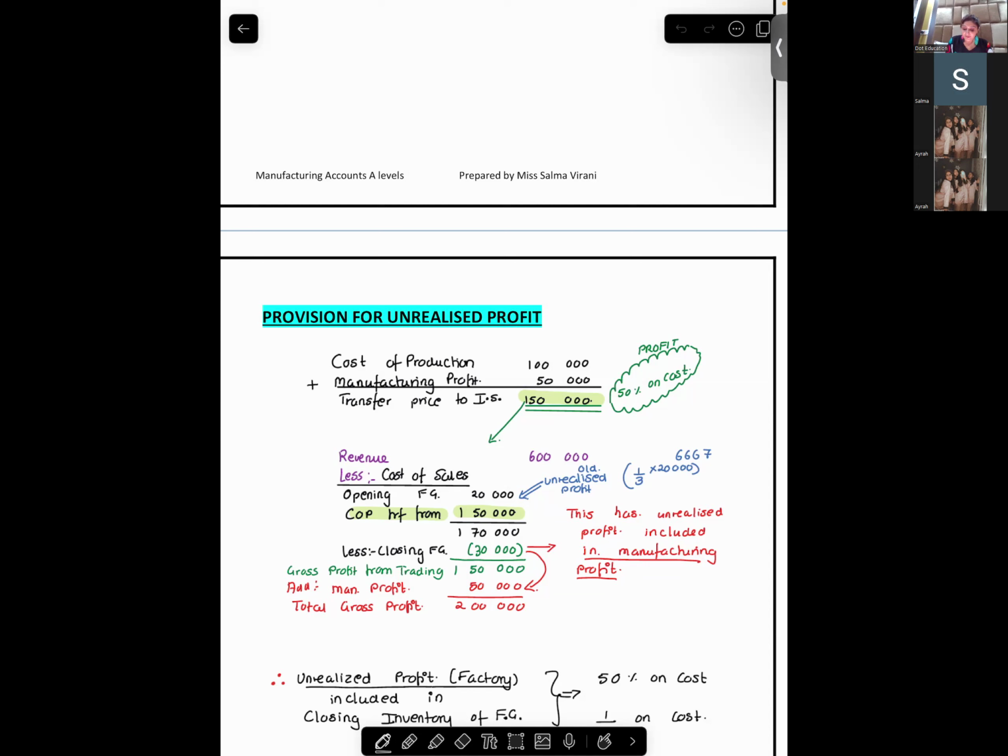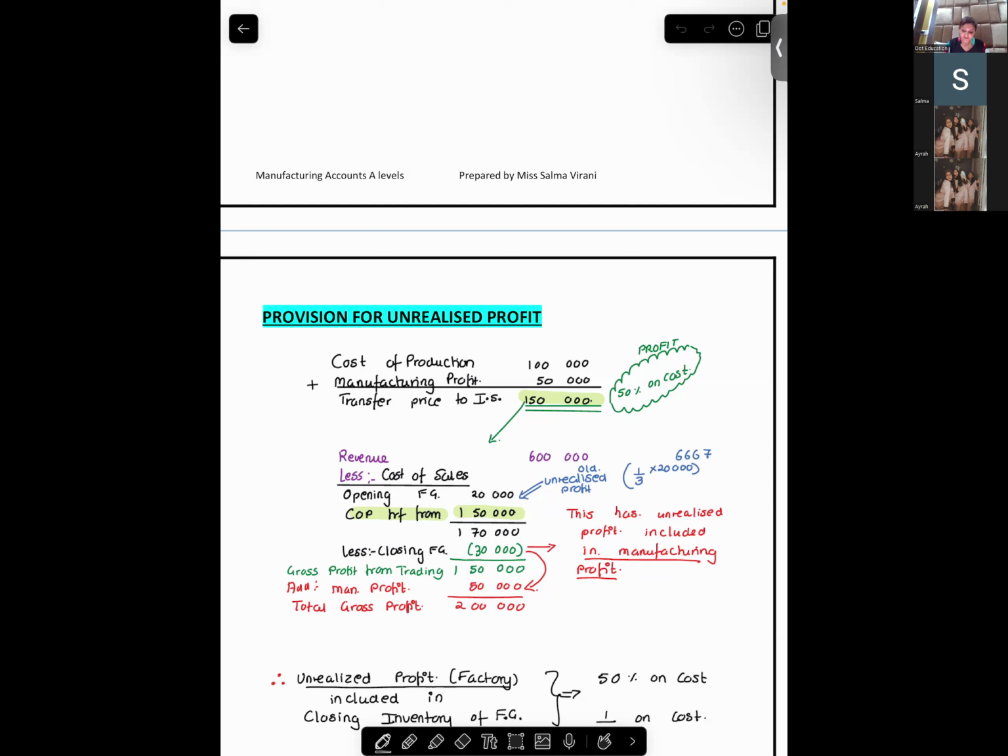If you go to buy the same goods outside, you get it at 150,000. So this is called the transfer price to income statement. You will transfer the goods for buying and selling to the income statement at this price.